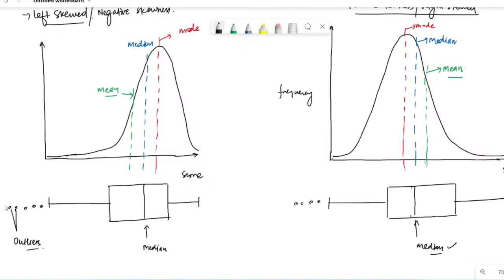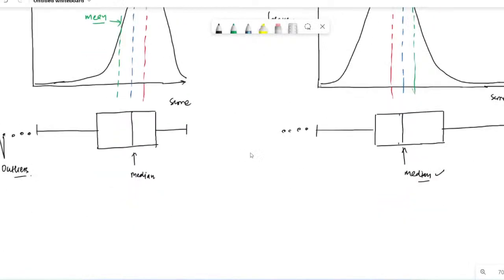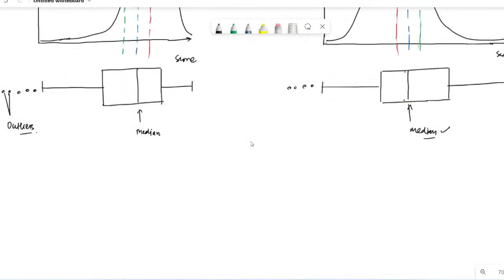So now once we are done with all these points, okay, there are a few more sections which we would like to discuss.